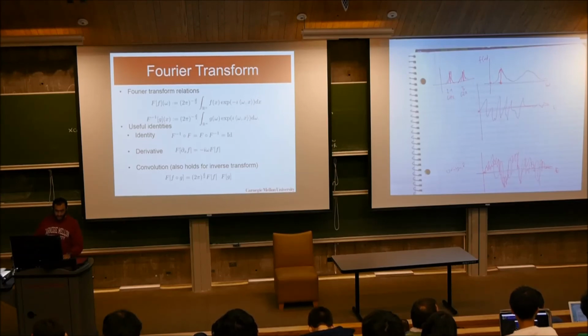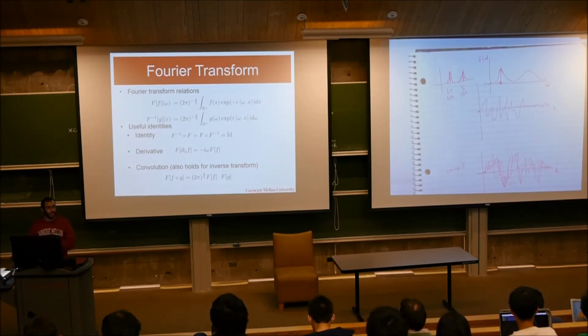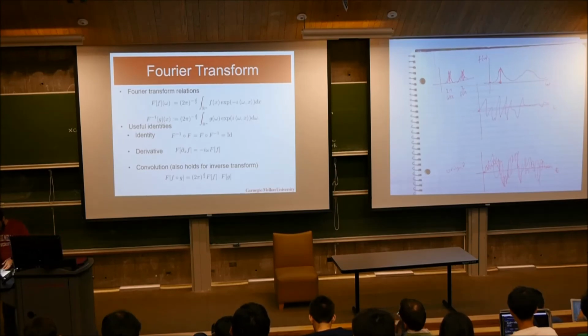So the derivative becomes as easy as multiplying by w in the frequency domain. Convolution becomes just multiplying the two signals.